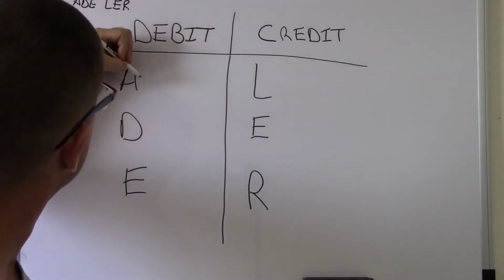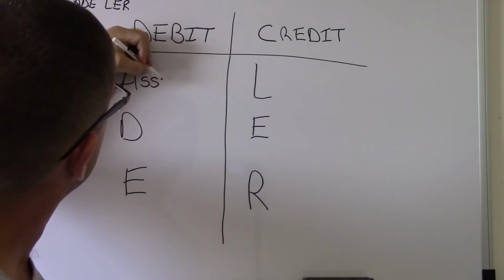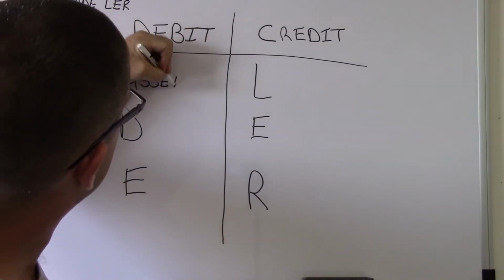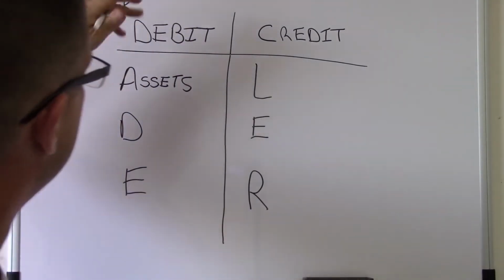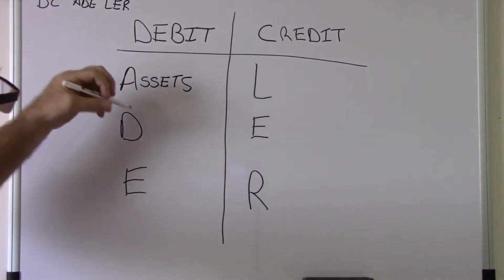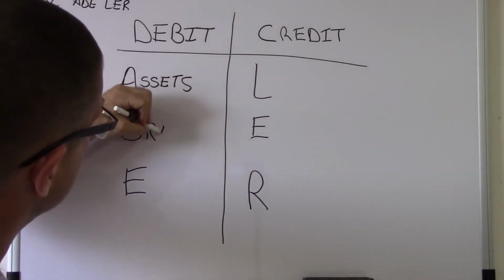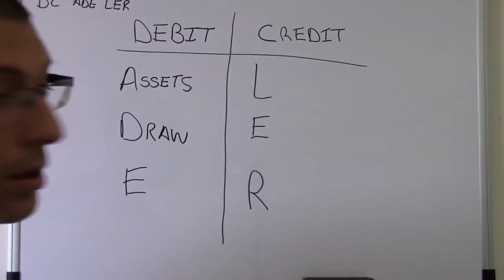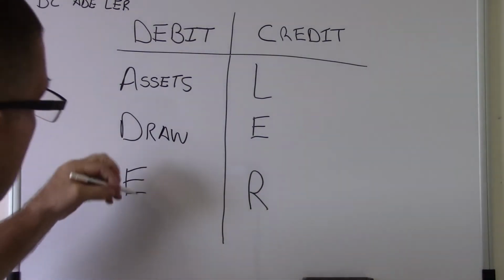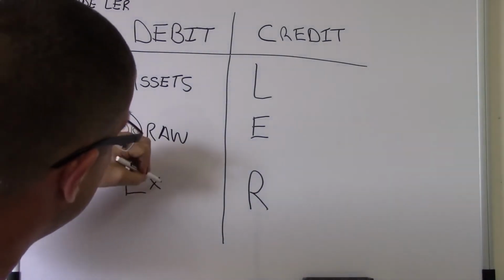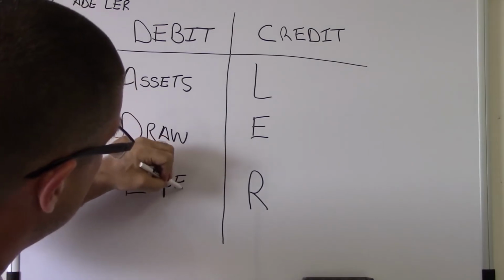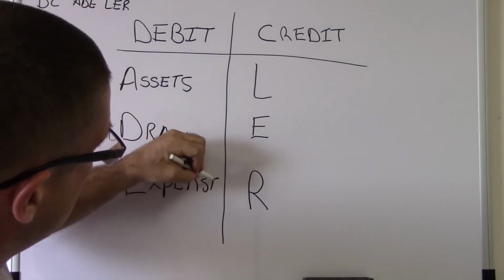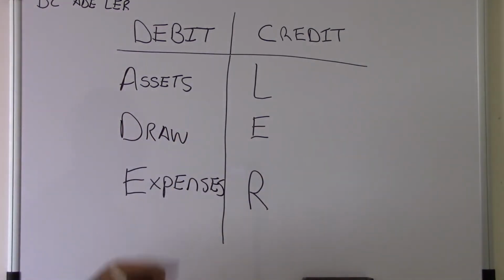On AID, we've got assets, and then we have draw. Then for the E, expenses. All right.